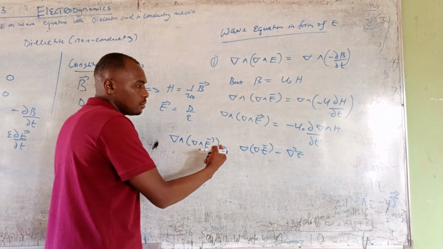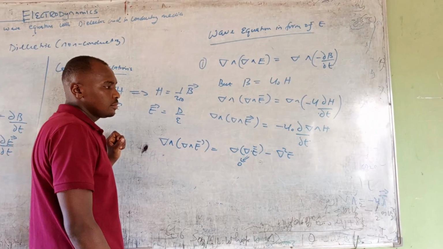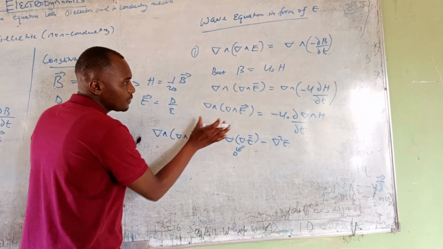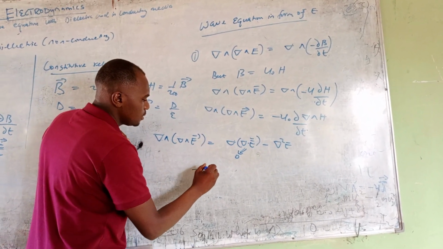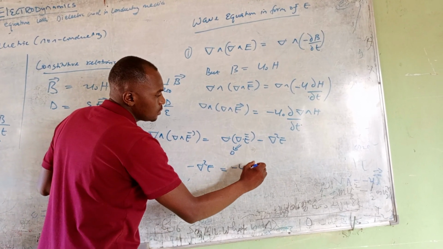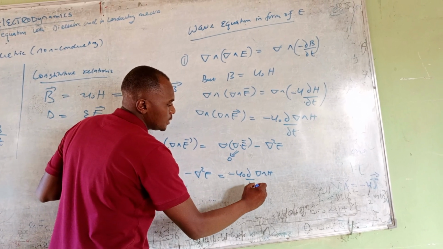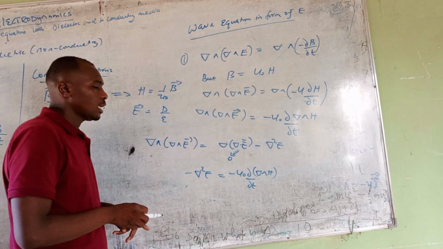But here, the divergence of E is zero. So it implies that the left hand side is nothing but minus del squared E, which is equal to minus mu d of del cross H over dt. I hope it's clear.